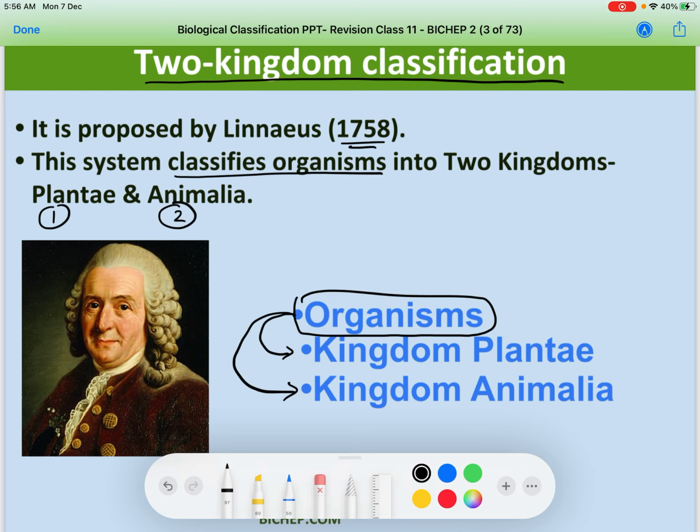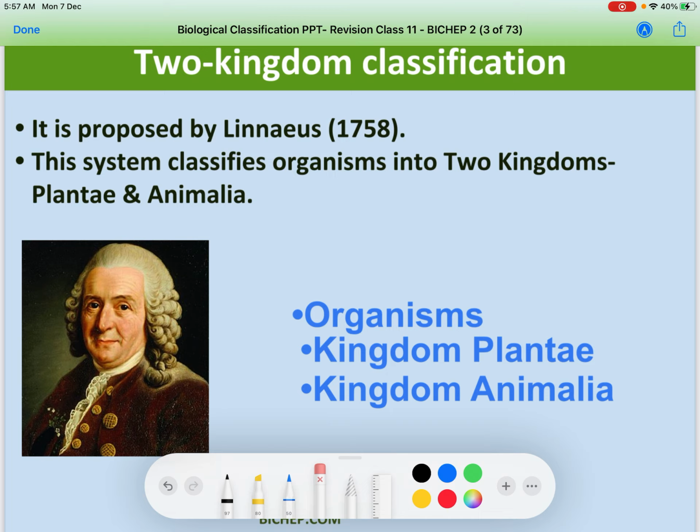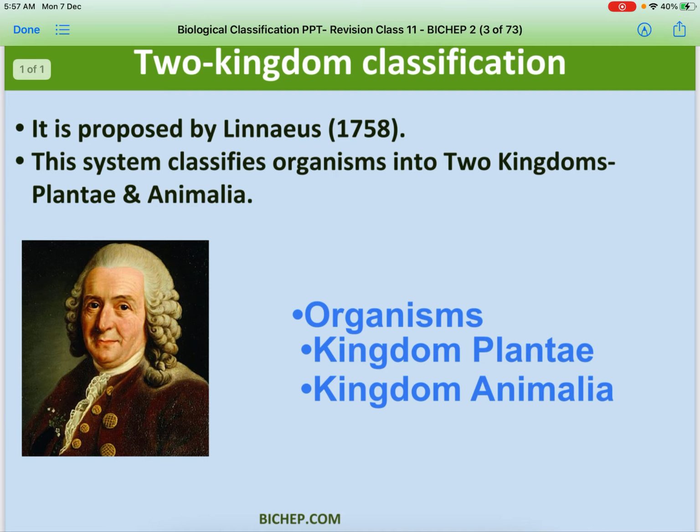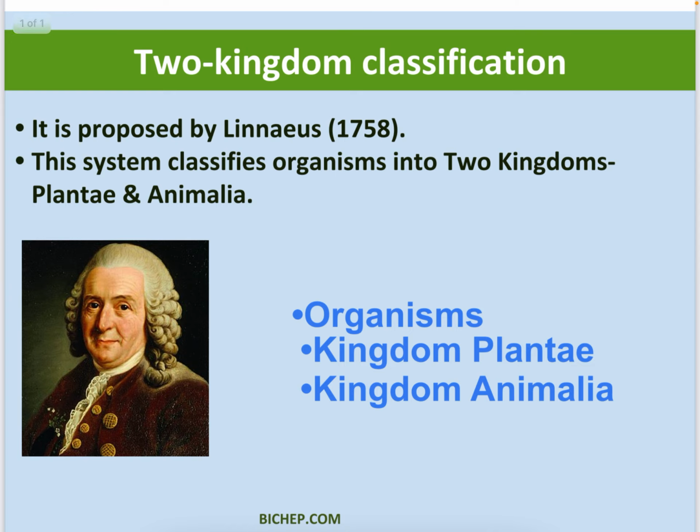So that's the first, more scientific kind of classification, designed by Linnaeus. This classification is known as the two kingdom classification, as it consists of two kingdoms, plants and animals. In Latin they are known as Plantae and Animalia. Please take a screenshot of the slide.